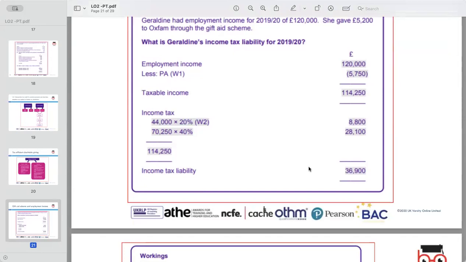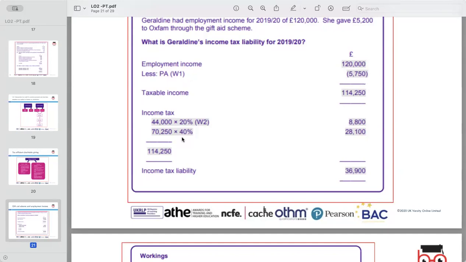So for the income tax calculations, the first 37,000 pounds of her taxable income is subject to a tax rate of 20%. The remaining 70,250 is subject to the higher rate, which, as you can see here, is 40%. Applying these rates, her income tax liability is calculated as 8,800 pounds for the basic rate and 28,100 pounds for the higher rate.